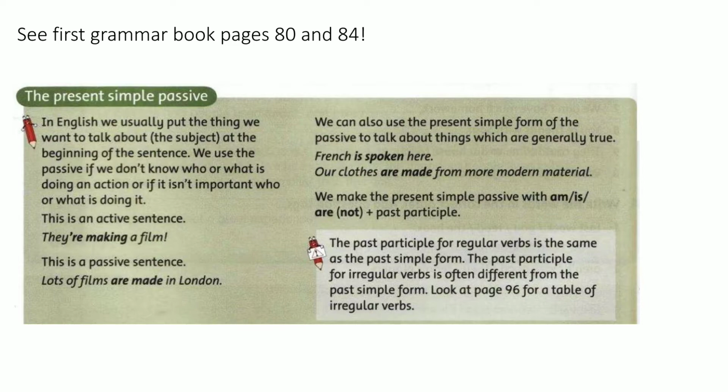See the second example: French is spoken here. The third example: Our clothes are made from more modern material. Remember the pattern. We make the present simple passive with am, is, are, or to be, plus not if necessary, plus past participle.